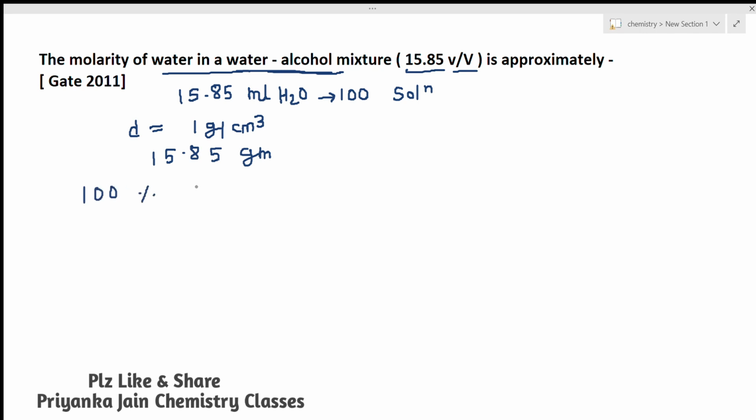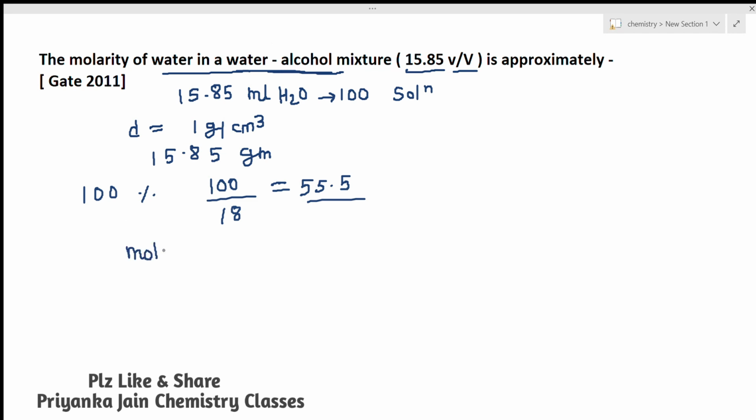Just divide 1000 by 18, its molecular weight, you will get 55.5. So this is the molarity of 100% water, that we know. And now we have to find out the molarity of this mixture of water and alcohol.